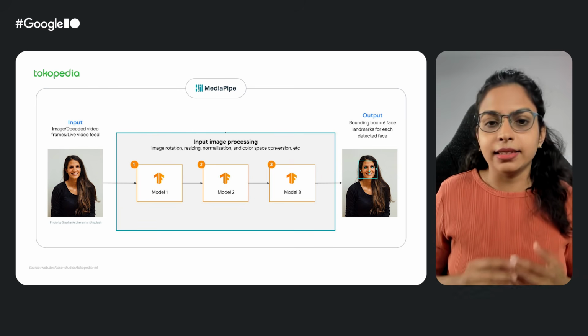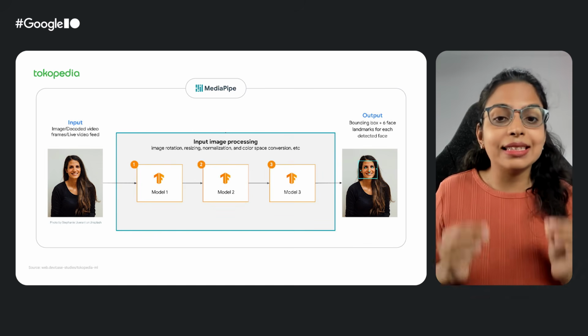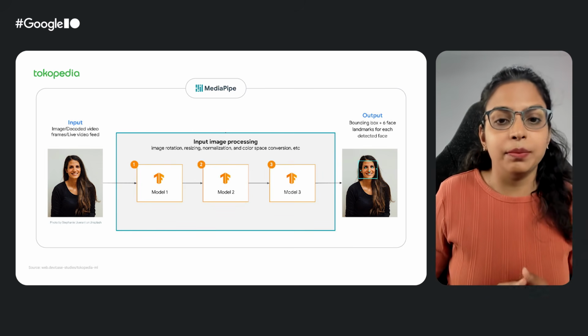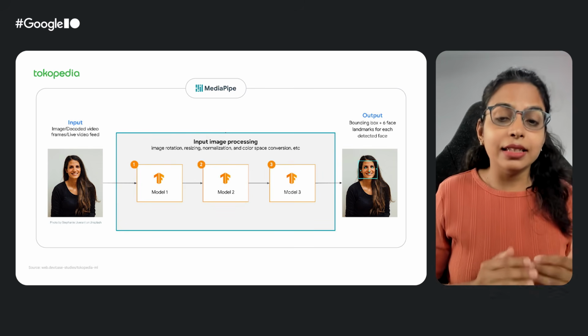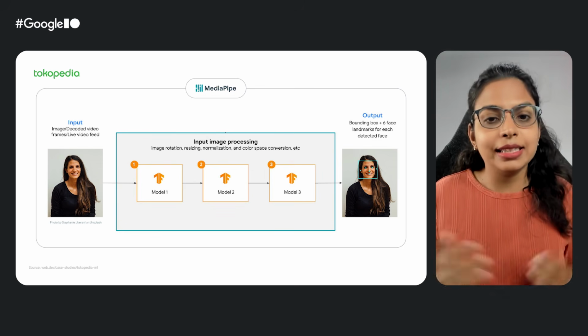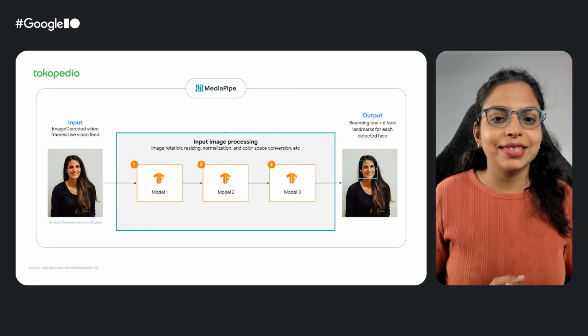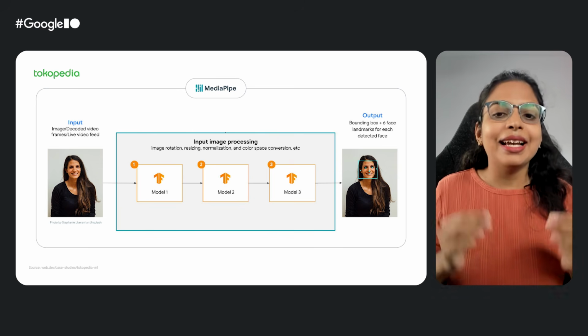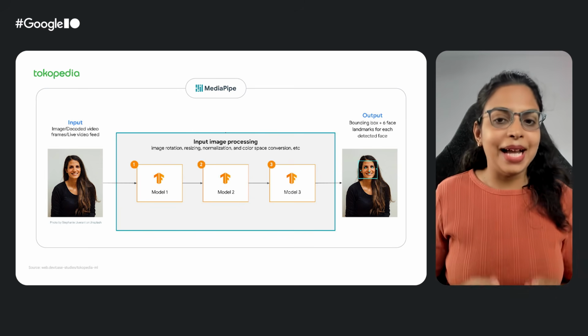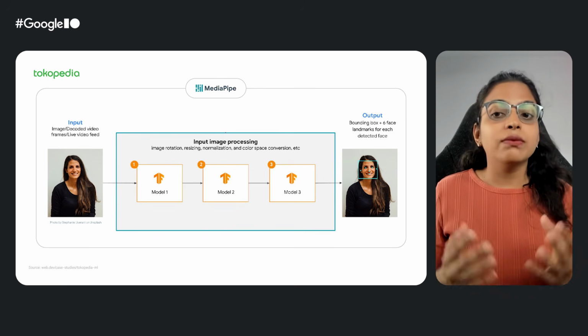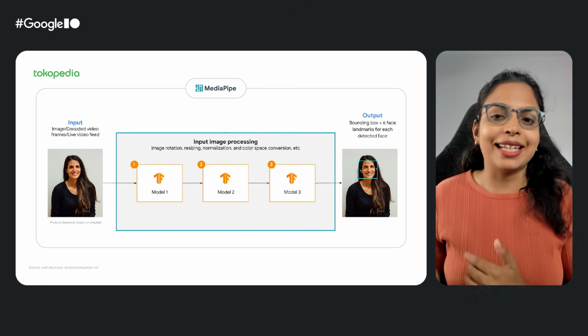One of their key considerations was fast download and runtime performance for quick feedback to users and to cater to a variety of devices. They used MediaPipe and TensorFlow's face detection library, a package that provides models for running real-time face detection.